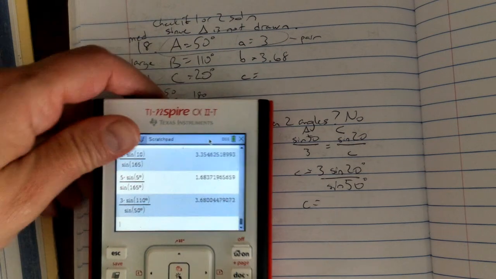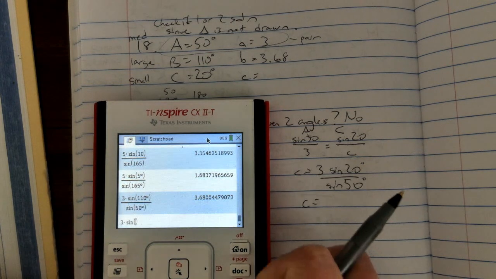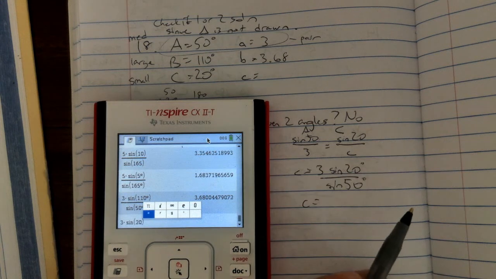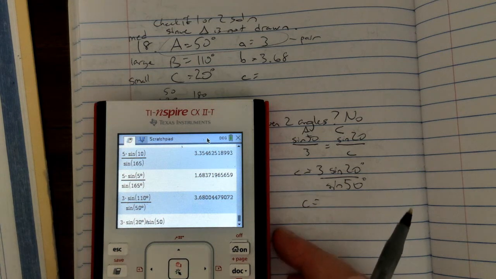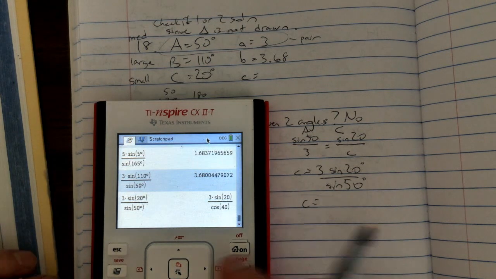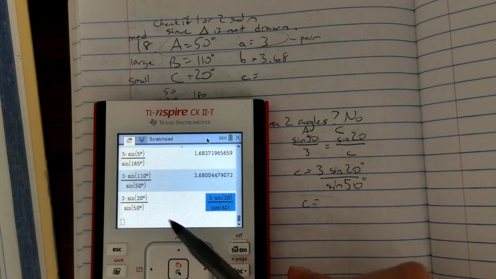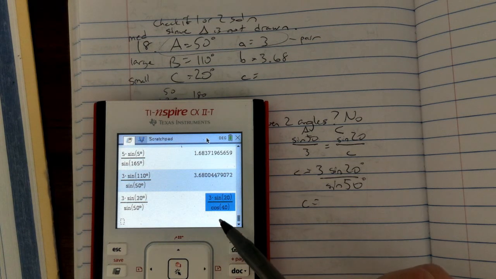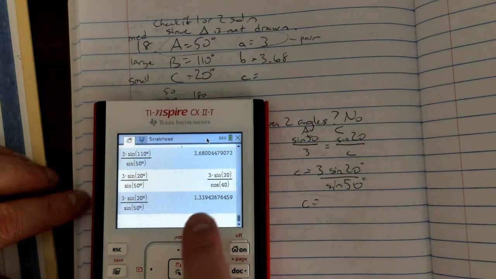And then for our next one, we're doing 3 sine 20 degrees over sine 50 degrees. Whoops. Now on my calculator, it changed it to cosine of 40. Don't worry about that. That is true, because as we saw in a different lesson, sine of 50 is the same as cosine of 40, but what we wanted was the decimal.